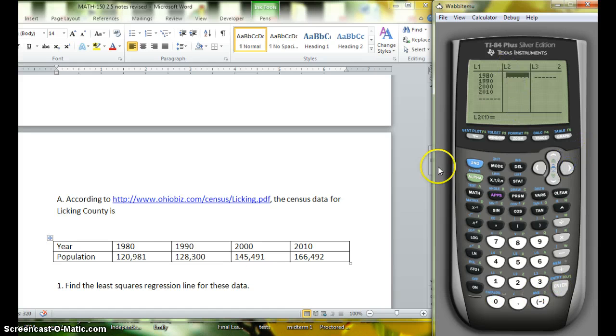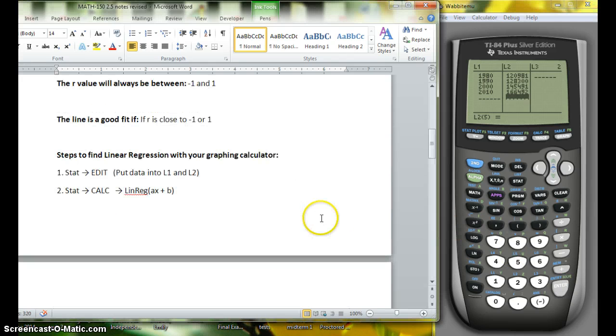And then in L2 we're going to put our population: 129,881, 128,300, 145,491, 166,492.